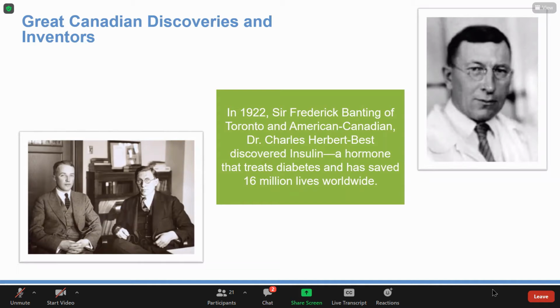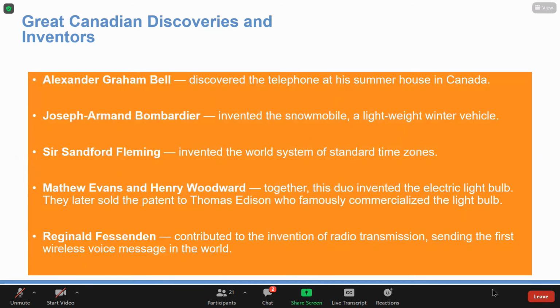I'm not 100% sure of this information, but I think they didn't take money for it. They gave it for free. They just said this is for the people to use. I think this is one of the reasons why insulin is available and not expensive. They didn't have any patent. So that's another act of kindness. Insulin, which is still used today, was a Canadian discovery.